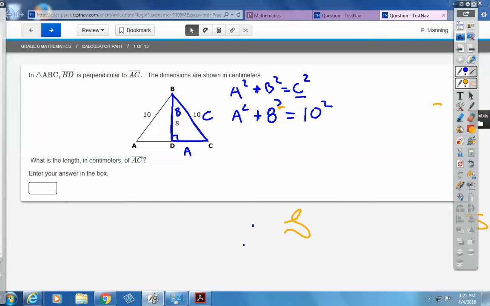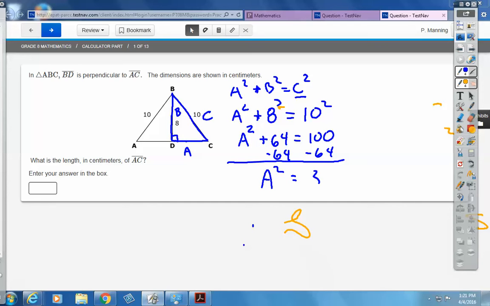I still have my a squared because I can't do much with that, plus 64, because 8 times 8 is 64, equal to 100. So I'm going to subtract 64 from both sides, and I get a squared is equal to 36. The opposite of squaring a is square rooting, so square root both sides, and I get a is equal to 6.